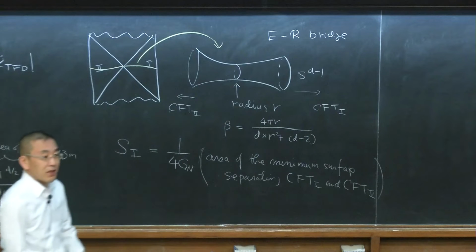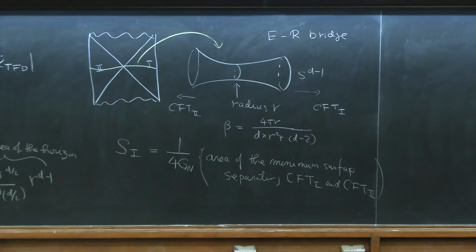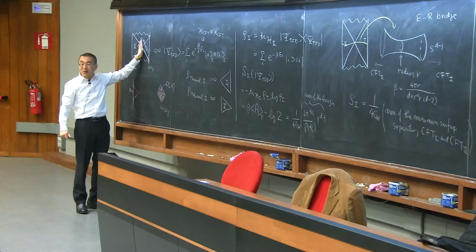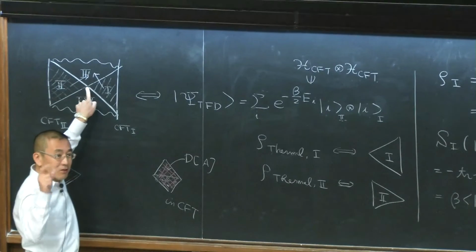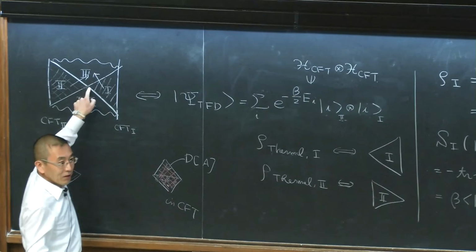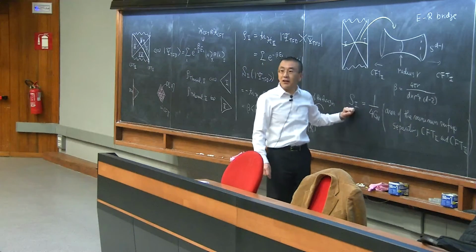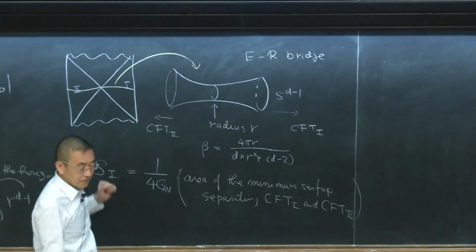You can interpret the same thing in this way. These two conformal field theories are spatially separated, and this is drawn here like a point because I projected it in 2 dimensions, but this is actually a d-1 dimensional sphere. The area of this sphere is related to the entanglement entropy between them.